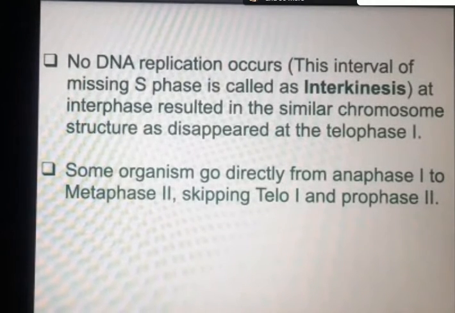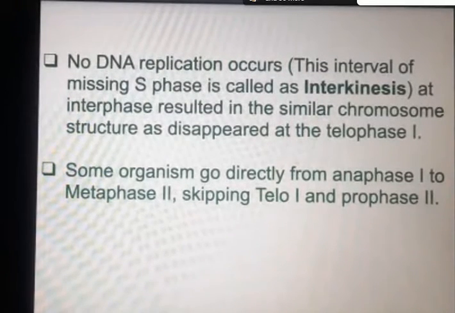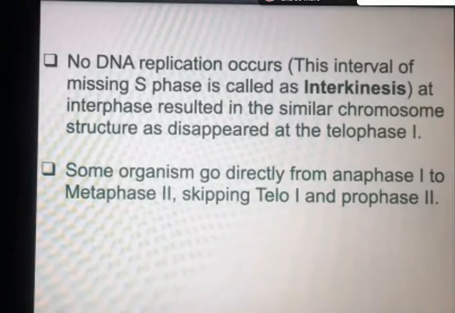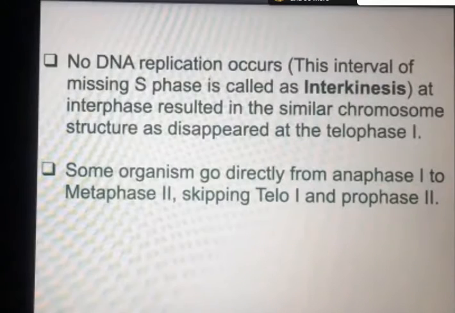Some organisms go directly from anaphase to metaphase second, skipping the telophase and prophase second. As I said, in most cases the proper telophase occurs, and then there is a small interkinesis, or you can say interphase, after the telophase before going into prophase second.